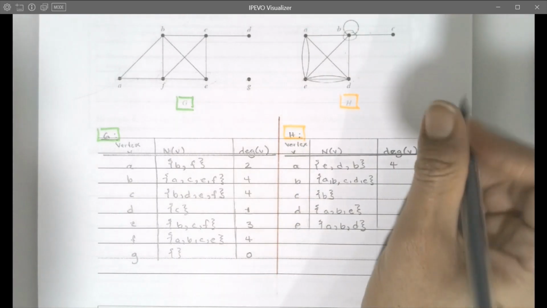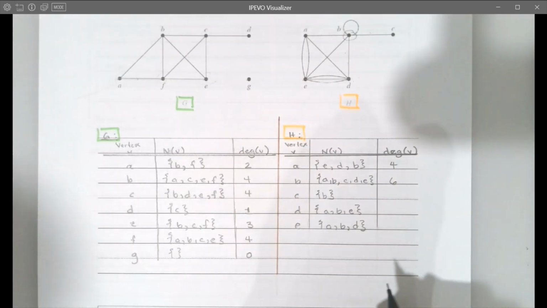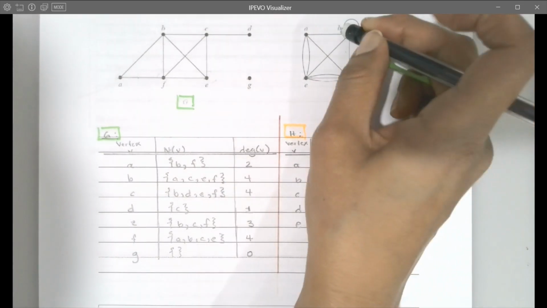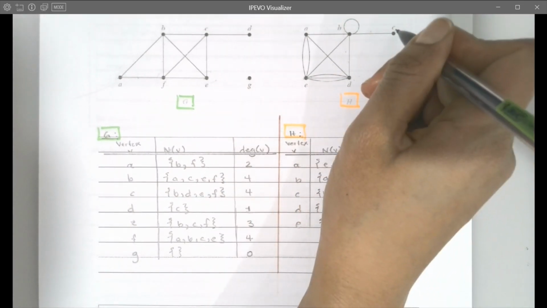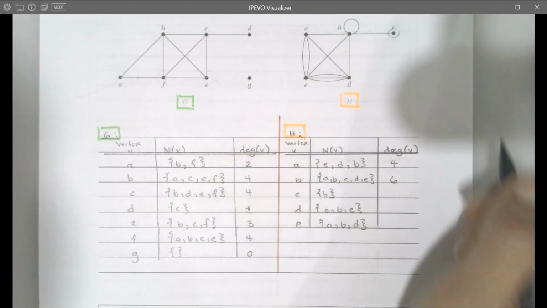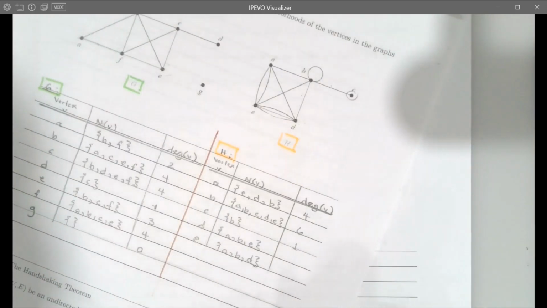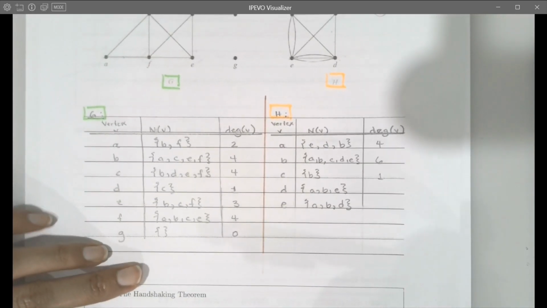So it actually has a degree of 6. Then if we take a look at C, there's only one edge that's incident to it, and that's the one that connects to B, so that's a degree of 1.